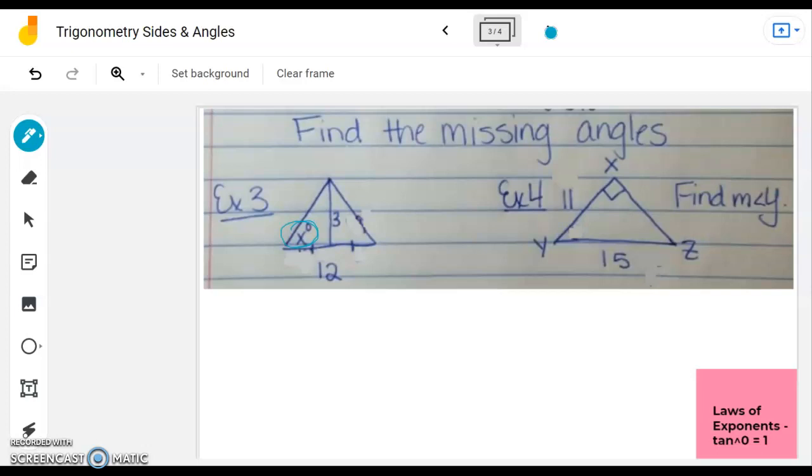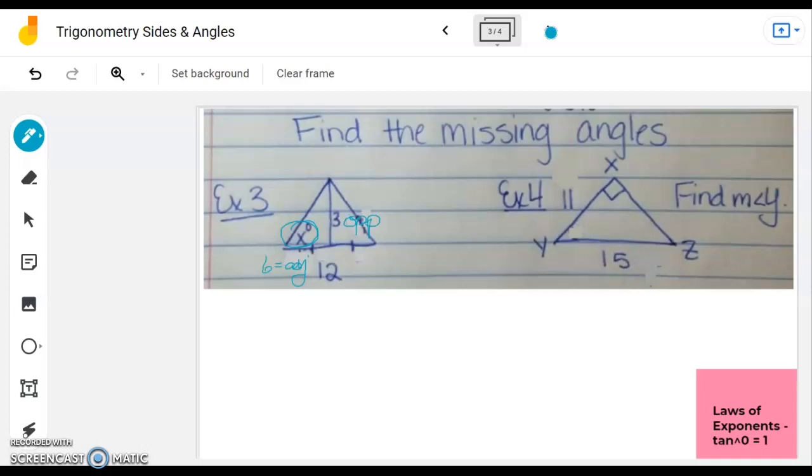I'm covering the bottom, so this side is going to be the adjacent side, and the side I'm not touching is going to be the opposite side. So 3 is going to be opposite, and the whole length is 12 at the bottom, not the piece I need. The piece I need is going to be half of 12 because these are marked evenly. So the adjacent side is going to equal 6.